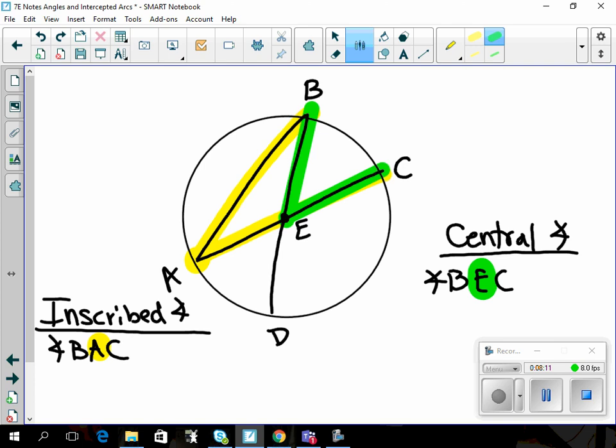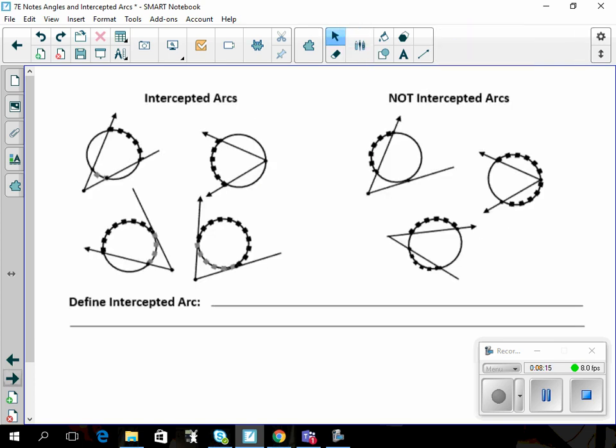All right. Now, these angles also form arcs. And we're going to talk about what is called an intercepted arc. And what I'd like for you to do is use your colored pencils at this point. It's kind of hard to tell because I didn't print it in color, which is why you're going to add the color. But go ahead and take your two colors.